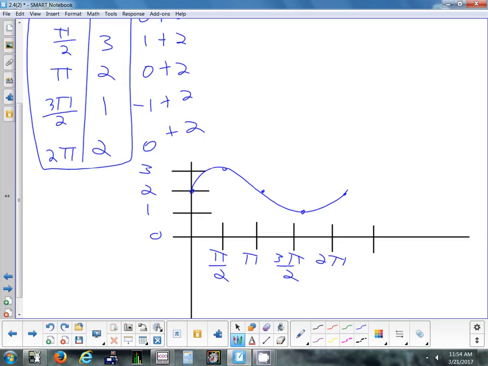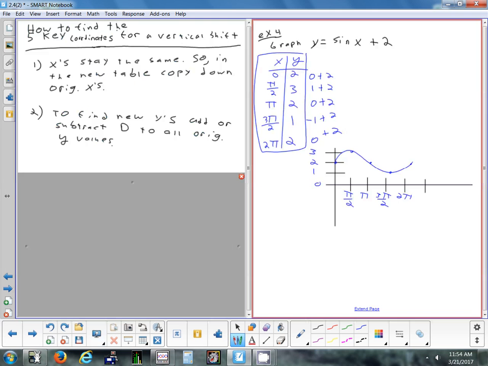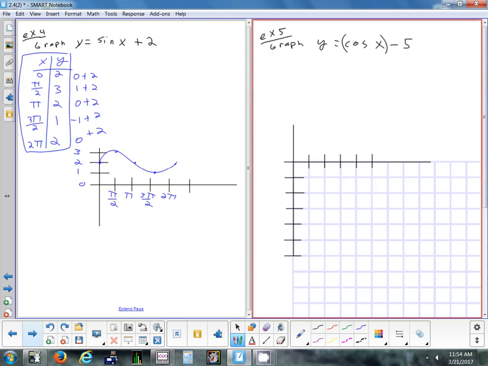Any questions on that one? All right, so the last one, I think I'll have you try that one on your own. Gabe, did you have a question? No. Okay, so the last one is y equals cosine x minus 5. Now, I put parentheses around the cosine x. What does that do?